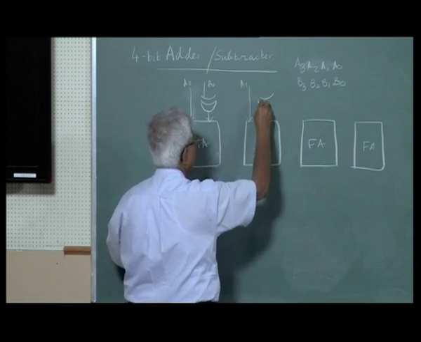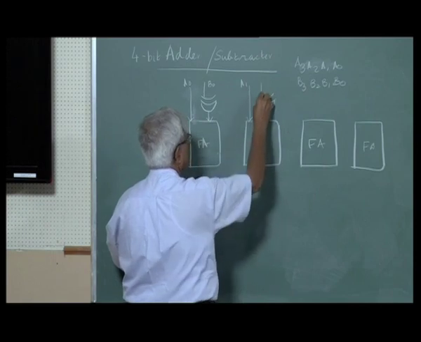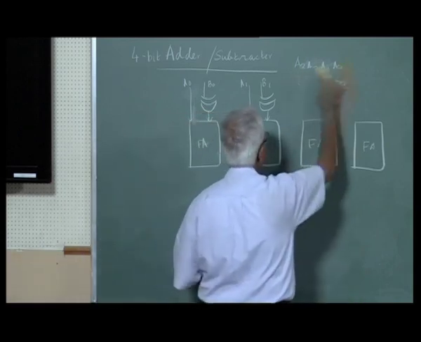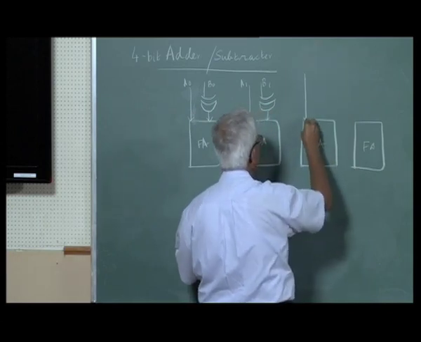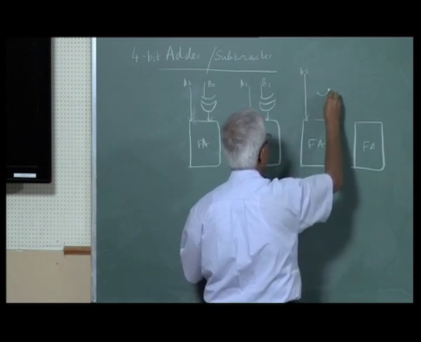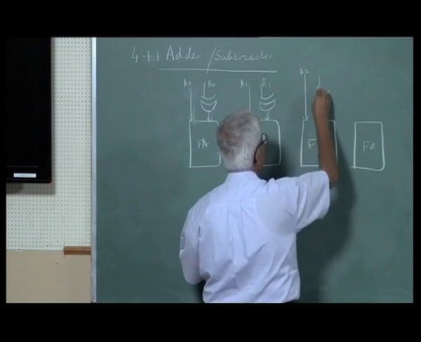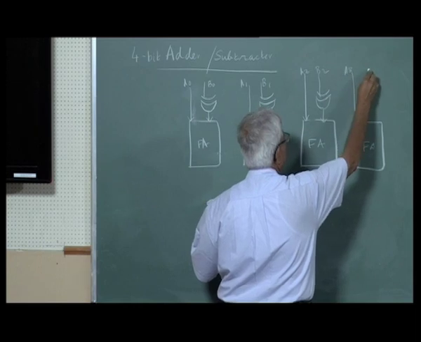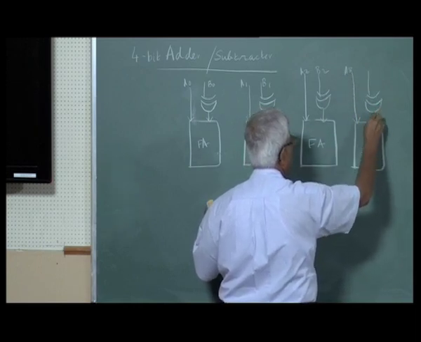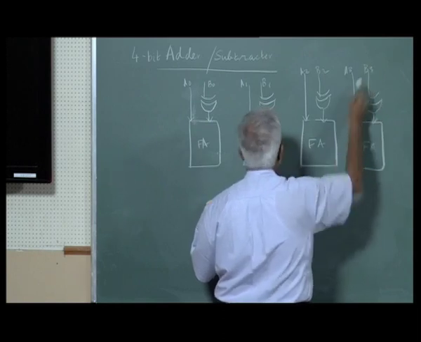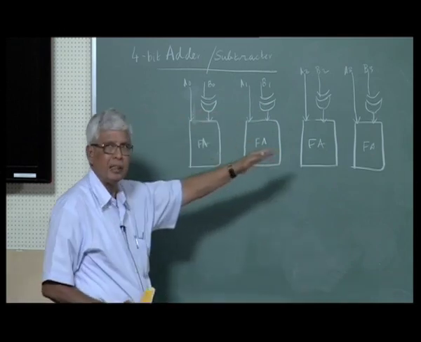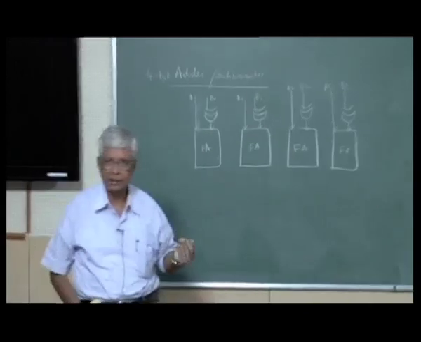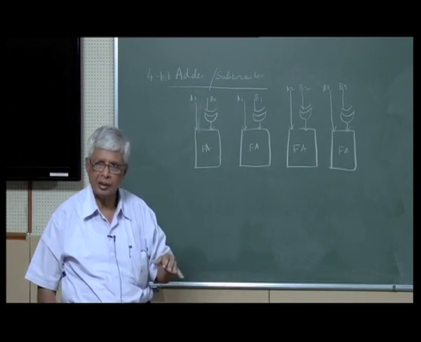A1, B1. So I have connected A directly to the full adders, B through an exclusive OR gate which will act as an inverter if it is subtraction, and it will simply pass it without inversion if it is addition.